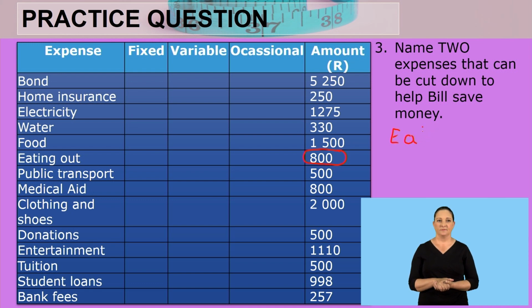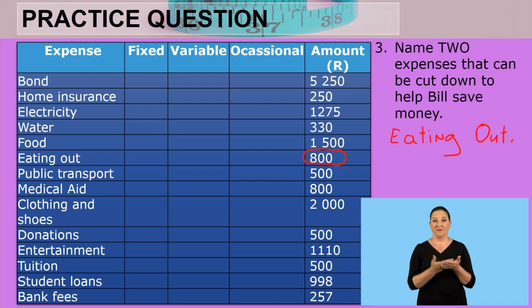Eating out. Let's see if we can write that. There we go. Eating out. And another one, public transport, no. Medical aid, probably not. Clothing and shoes, maybe. But there's also entertainment right at the bottom here. 1,110 Rand.